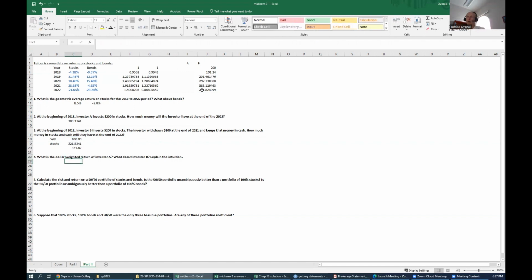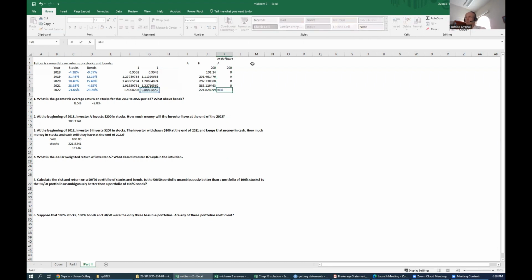What is the dollar weighted return of investor A? Why don't we create some series, and we could do it in these cells, but let's do it here. I'll say cash flows for investor A. Investor A starts with 200, and there's no cash flow in between.